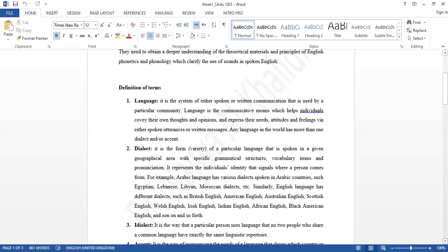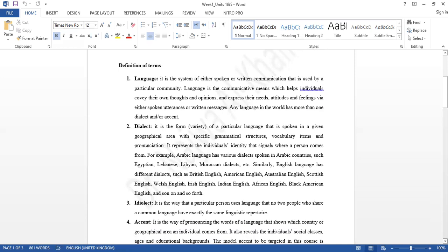Now, an accent could be part of a dialect because accent focuses on only the way we pronounce, only the way that the sentences are pronounced or the speech is pronounced. So accent is the way of pronouncing words of a language that also indicates from which geographical area an individual descends or comes from.